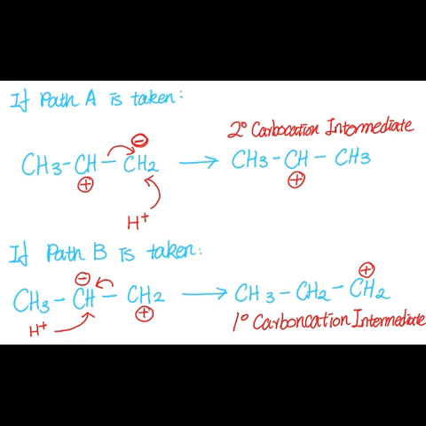Now, the word intermediate is just to let you know that this particular molecule here is not the final product, right? It is just a molecule that was formed in the middle of the reaction. It is not the product. All intermediates usually exist in a higher energy state, meaning, to keep the intermediate alive, it requires more energy.